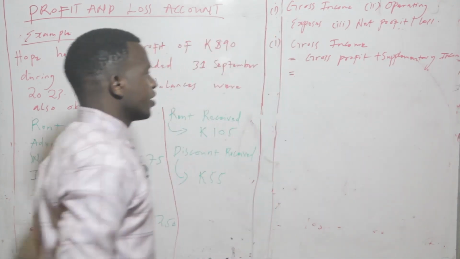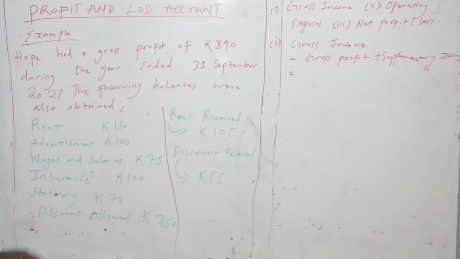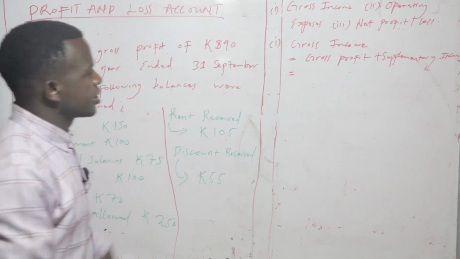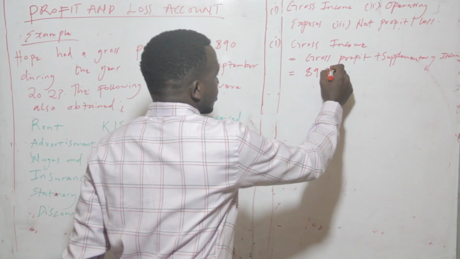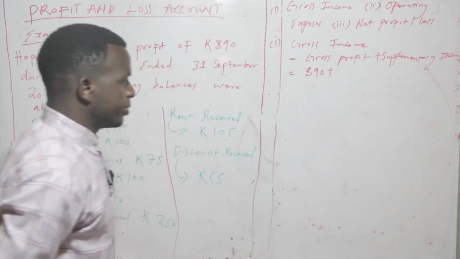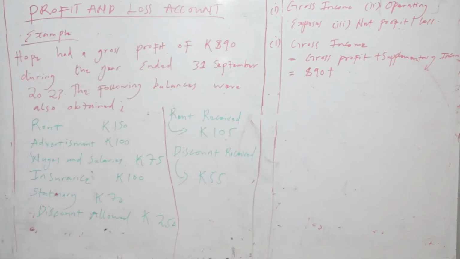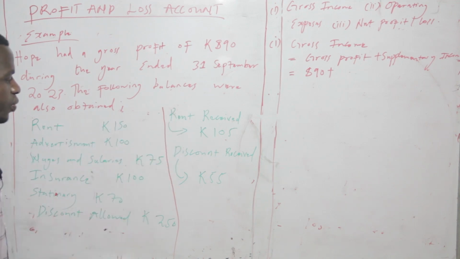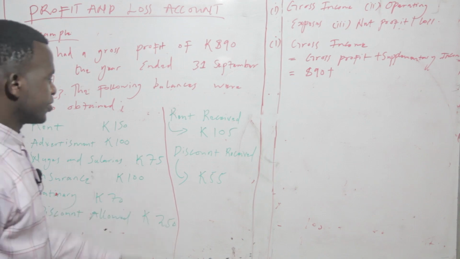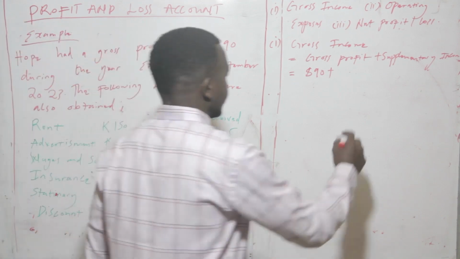So let us identify our gross profit. Our gross profit has been given as 890. Then plus our supplementary income. For supplementary income, we only have two. We have rent received amounting to 105, and discount received amounting to 55.